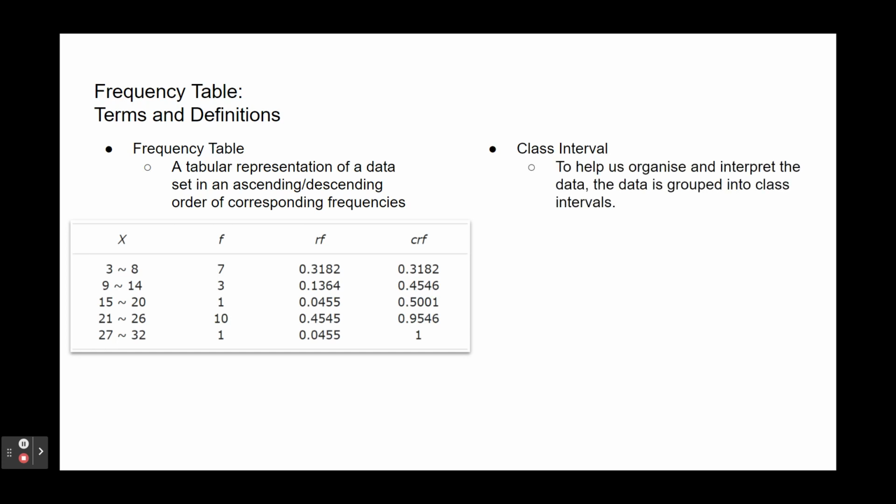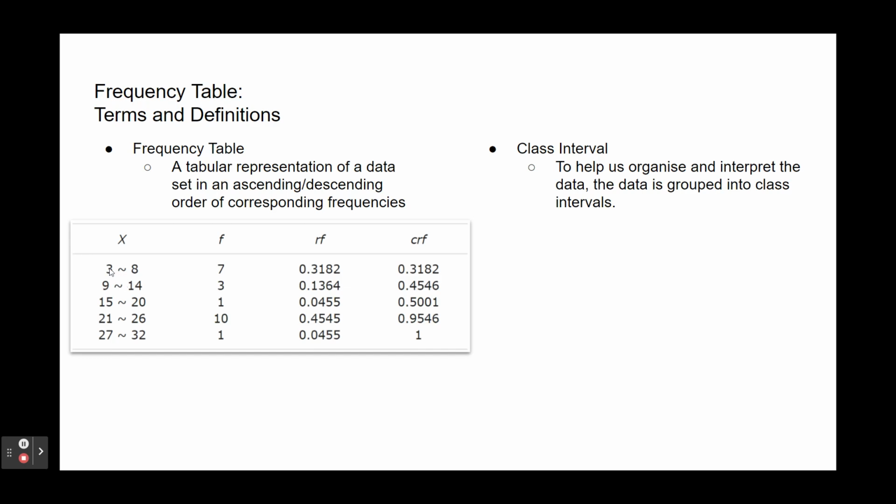Class interval is a very important concept for understanding this frequency table, because instead of listing out each individual value in the left column, we provide class intervals to organize, interpret, and understand the data better, right?